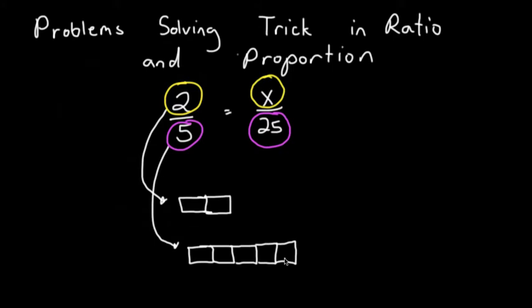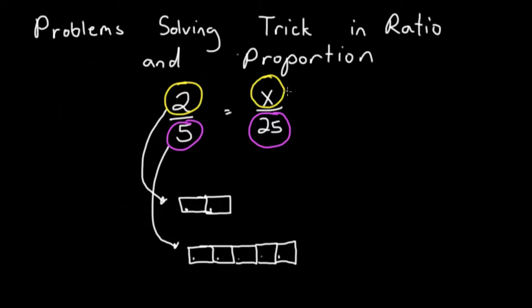What are these boxes? These boxes represent a certain value that we don't know yet. These boxes also have equal value, which means that whatever the value of this box is equal to this, this, this, this, this, and this. And if we are able to know the value of those boxes, that will help us in solving x.